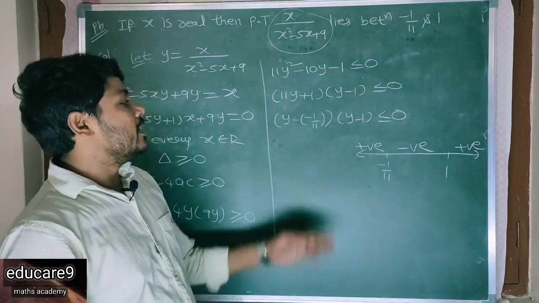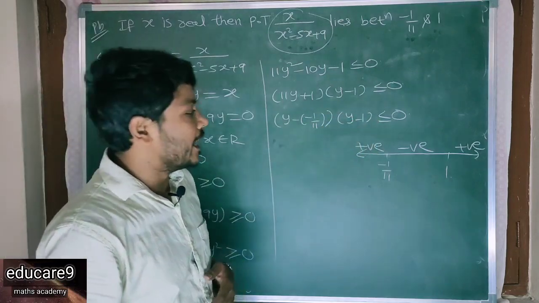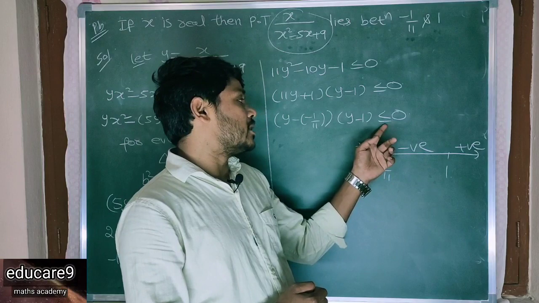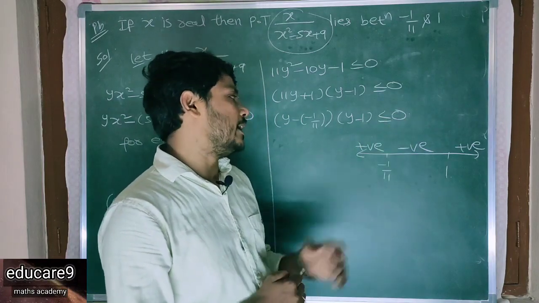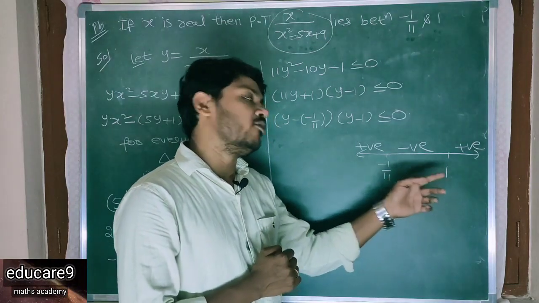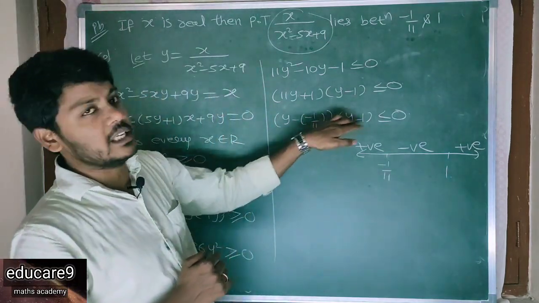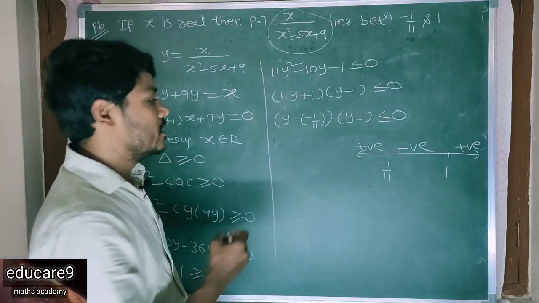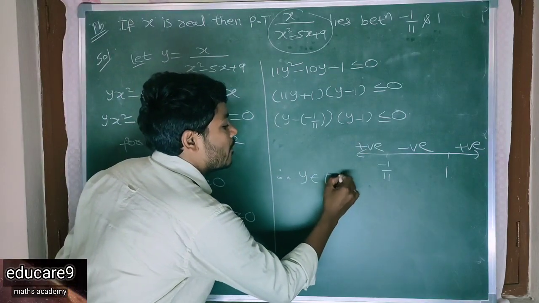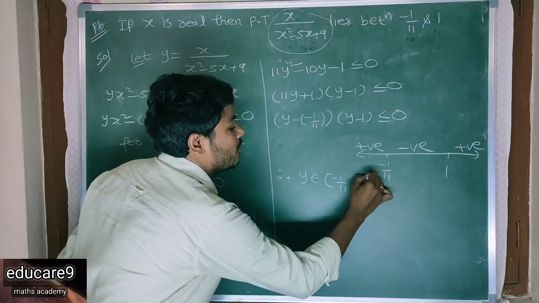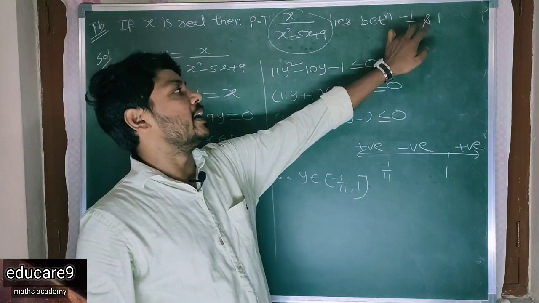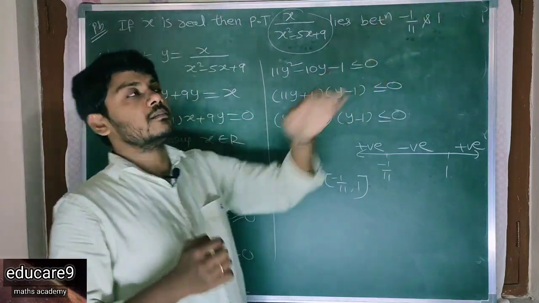So clearly this expression is negative between minus 1 by 11 and 1, and it also equals 0 when y is minus 1 by 11 and 1. So therefore y belongs to [minus 1 by 11, 1], meaning y values lie between minus 1 by 11 and 1.